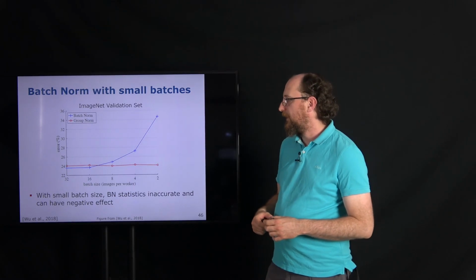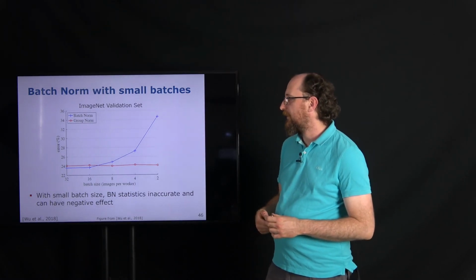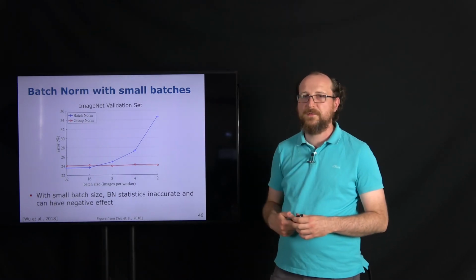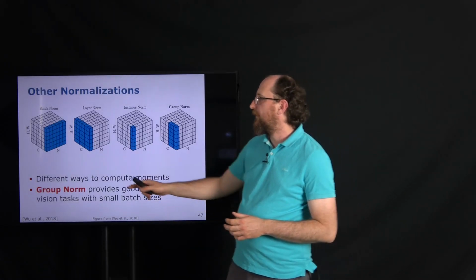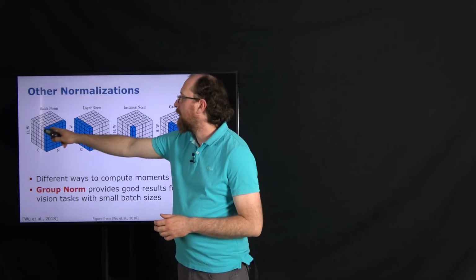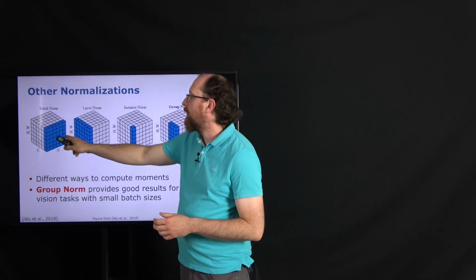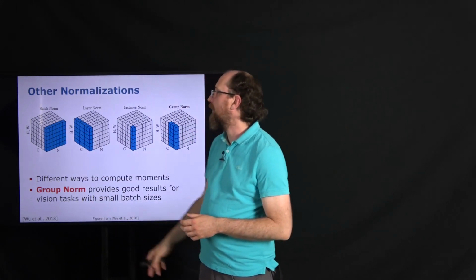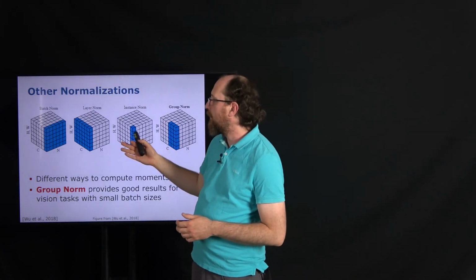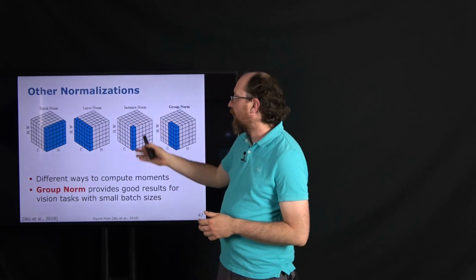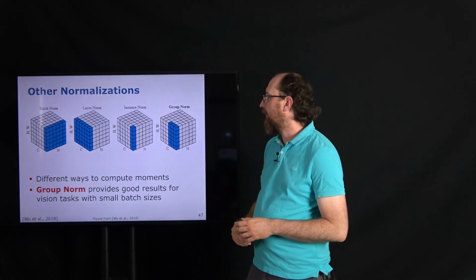What Wu et al. proposed here is a different normalization. In batch norm, where n is the batch, we compute the means over the whole batch. In layer norm, we can do it along the layer, for a specific instance.